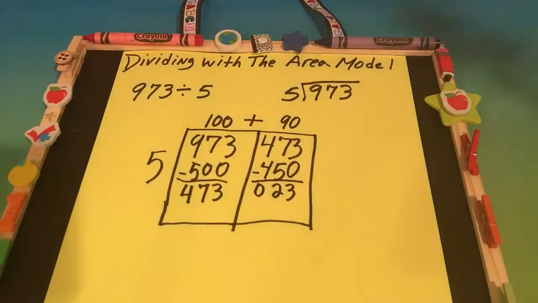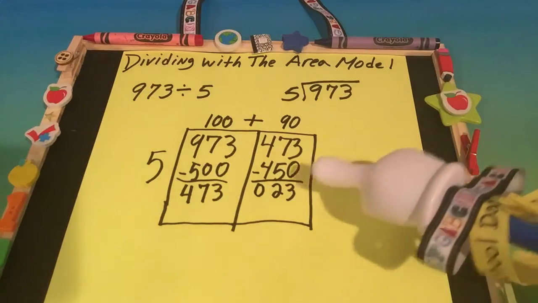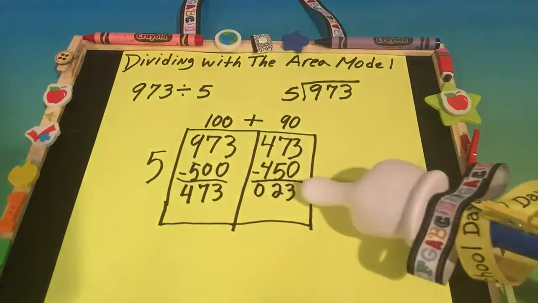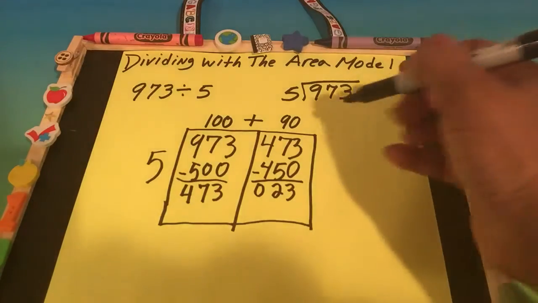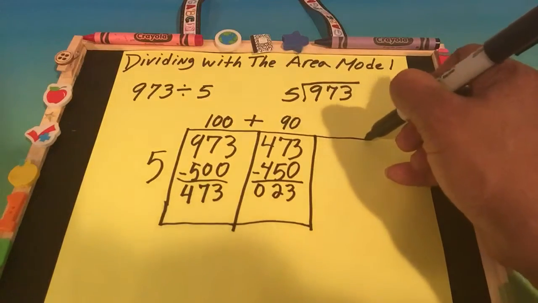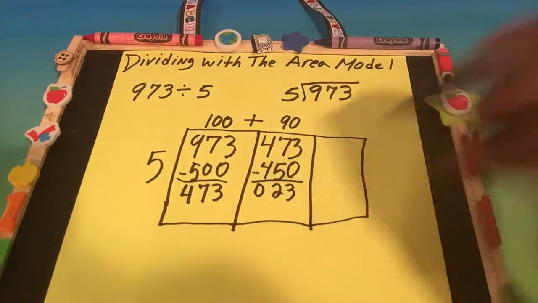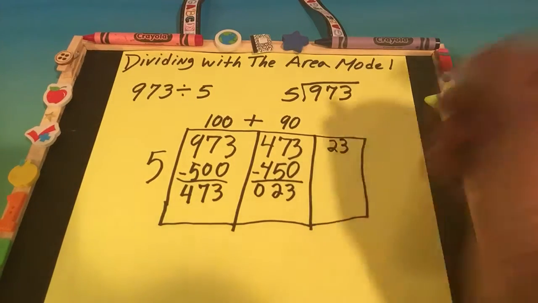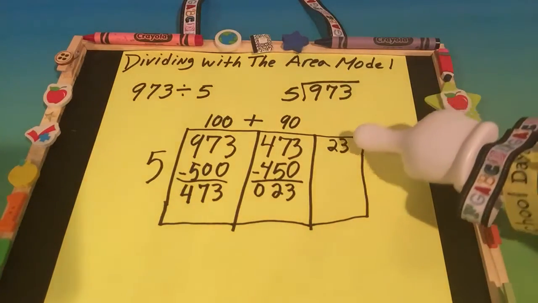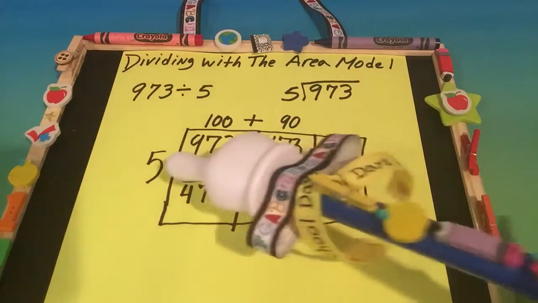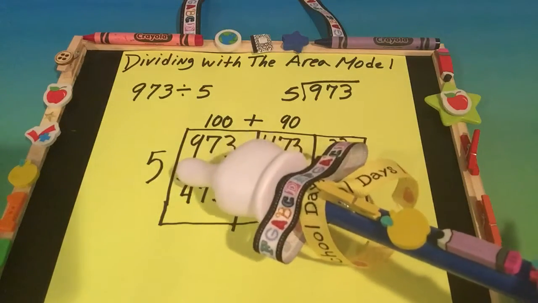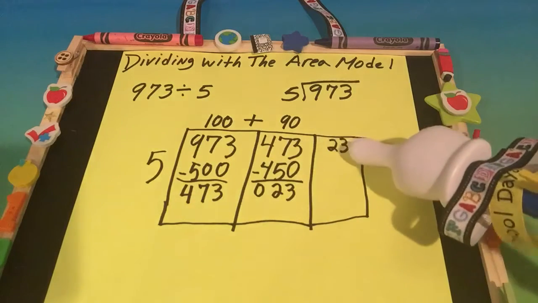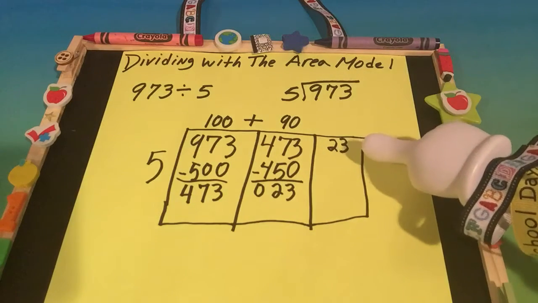So I now have a remainder of 23, and I know I can still continue to get 5 groups out of 23. So I'll make another rectangle, and I'll place the 23 right here at the center, and I'll think about my number 5 in terms of multiplication once again. 5 times what number will get me close to 23 without going over?